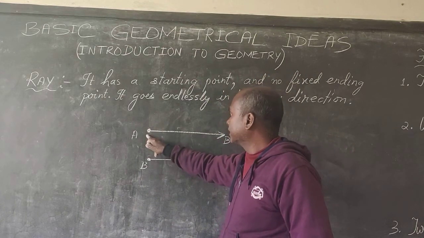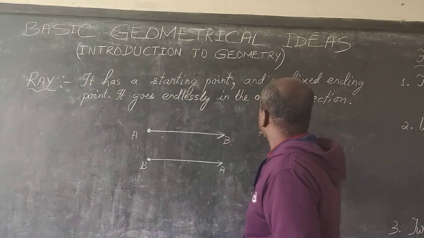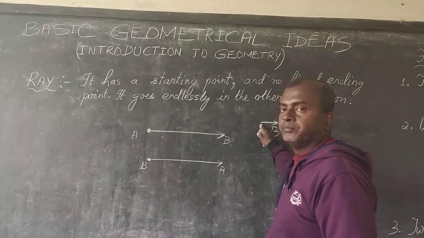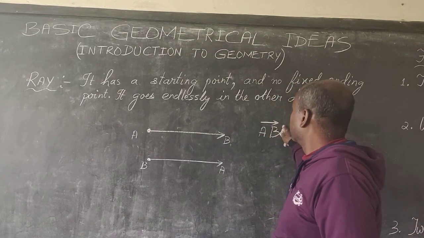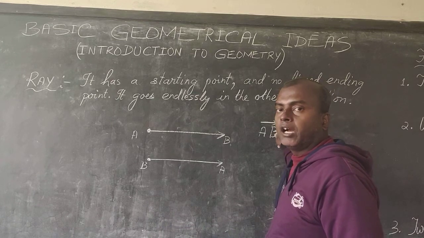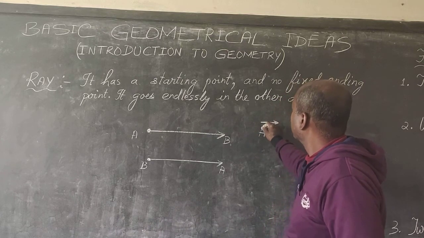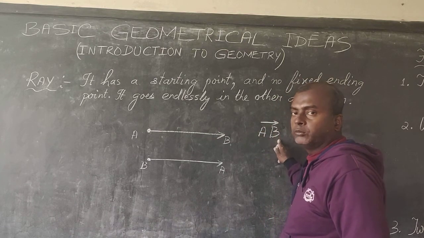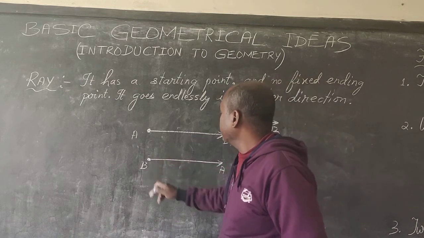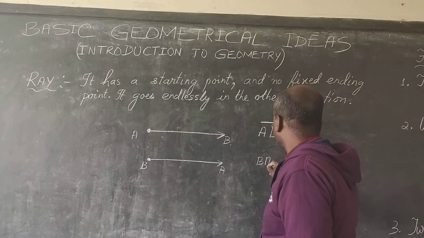Now we can again give notation or identification mark of a ray. This particular ray starting point is A and it goes towards which direction? B. So we give like this. Starting point doesn't have an arrow, but towards the direction where it goes, it has an arrow because we don't know till how much it will go. So this is a ray whose starting point is A and goes towards B endlessly in any limit. For this particular ray, starting point is B and it goes in which direction?